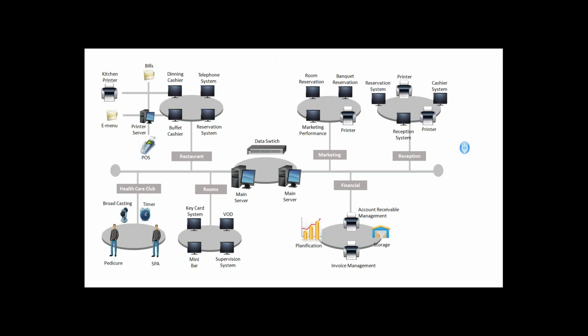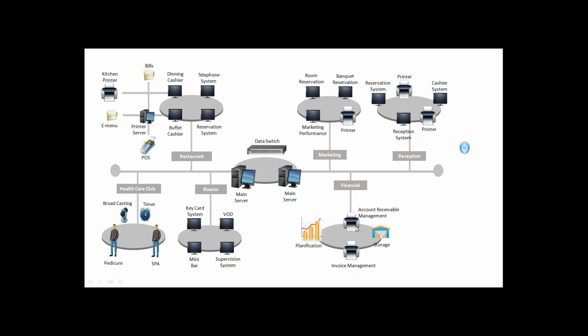Hotels use a lot of PMS. This is basically how a hotel would use their PMS, as you can see here. It's quite a complicated graphic, but actually we have simplified this system to show you already.